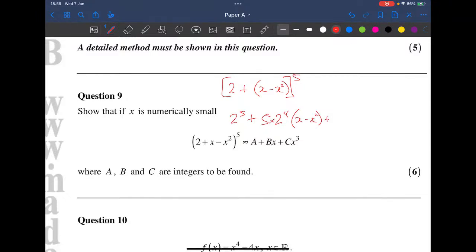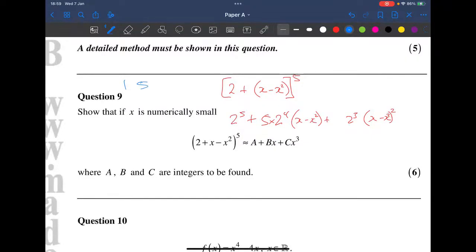Then we're also going to get a 2 to the power of 3. We're going to get x minus x squared all squared and a 5 choose 2. If you think about Pascal's triangle, that row goes 1, 5, 10, and then reverse 10, 5, and 1. So this should have a 10 on the front as well.